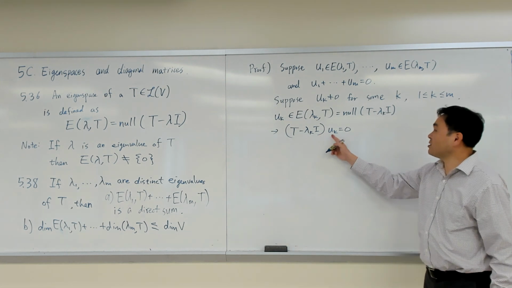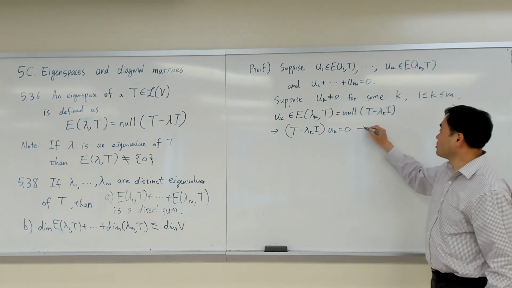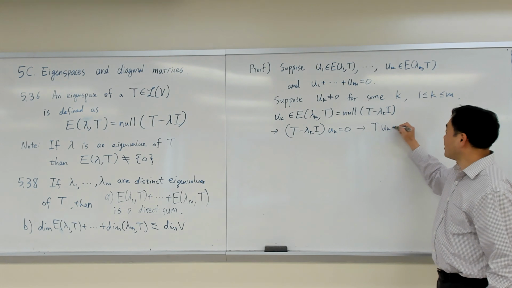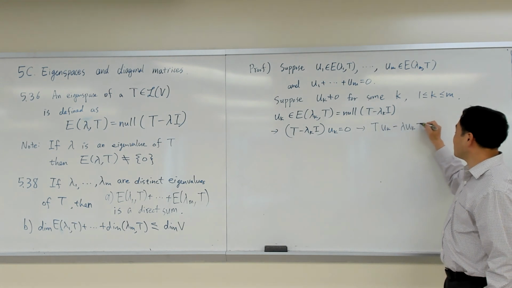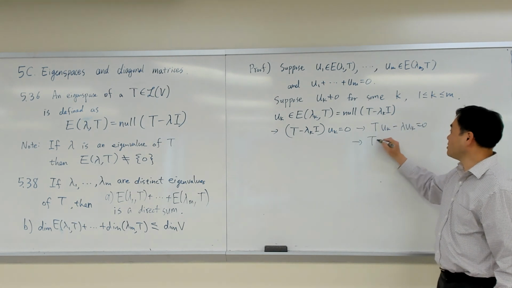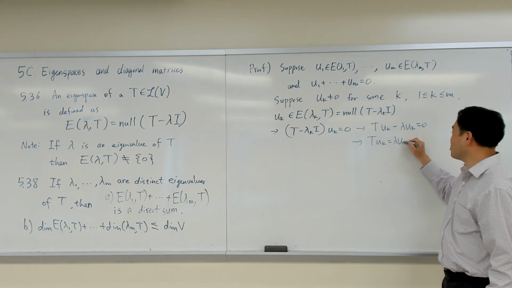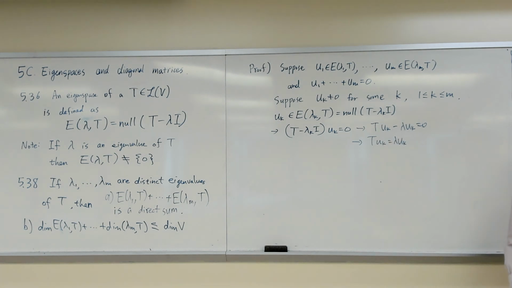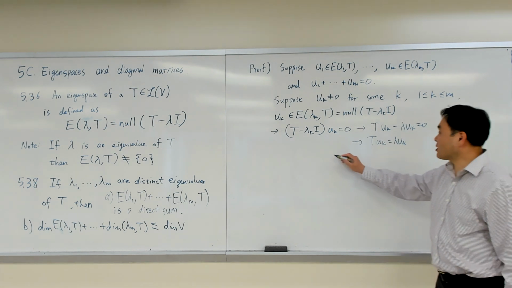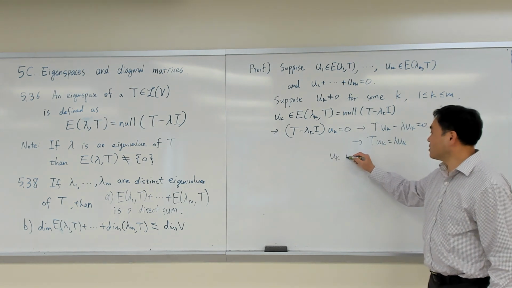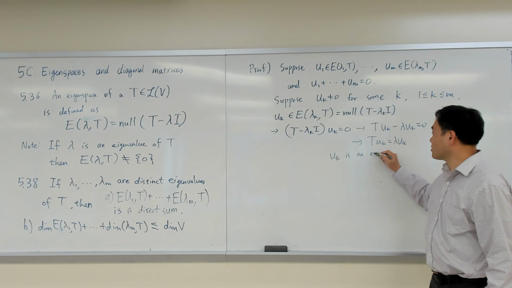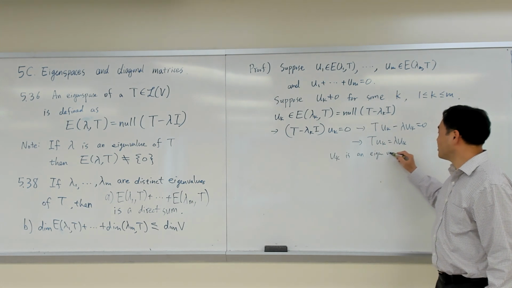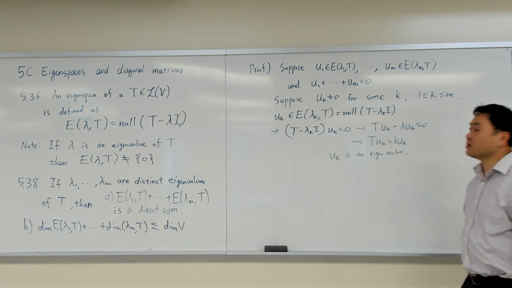But what does identity do? It doesn't do anything, right? So you get T of uk minus lambda k uk equals 0, which is T of uk equals lambda k times uk, right? What does that mean? That means uk is an eigenvector.